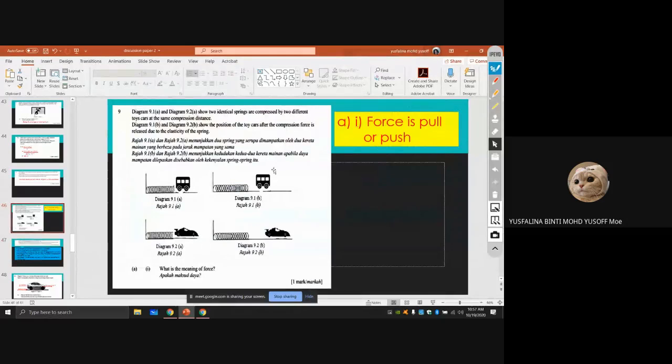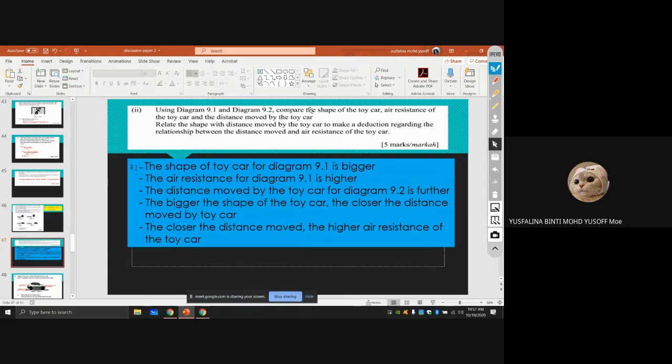So if the air resistance is higher, the closer the toy car will move compared to 9.2. Okay, so please make sure if they ask you about the comparison for 5 marks, make sure you have 5 points here. Okay, and put it in point form.